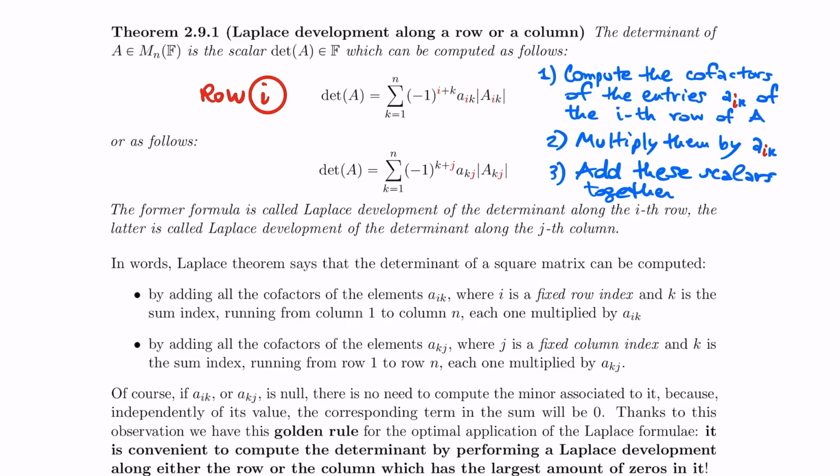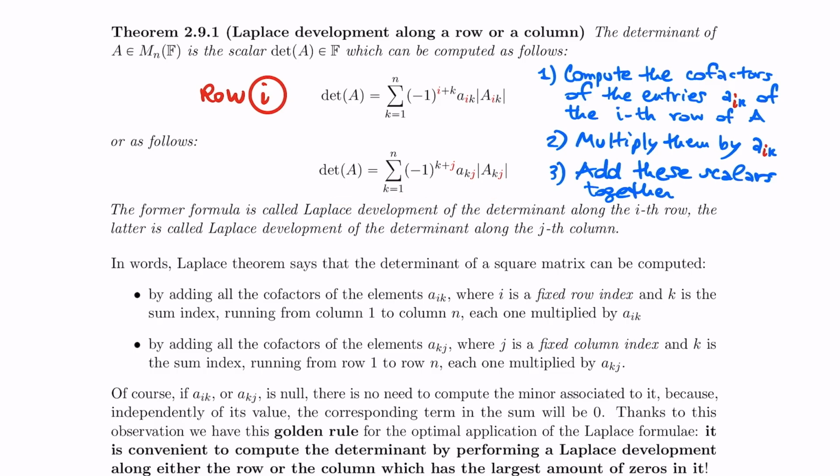The Laplace development along the row i is obtained by first computing the cofactors of the entries of the ith row of A, here they are, then by multiplying the cofactors by the corresponding entries, here they are, and finally by adding together all these scalars. Here's the sum. As you can see, the Laplace development along the column j is analogous.